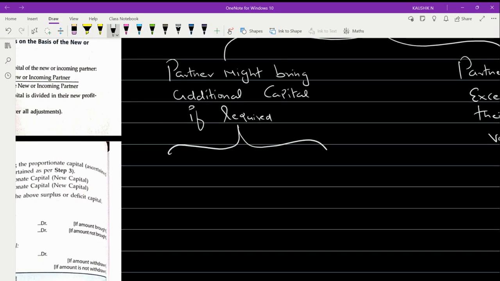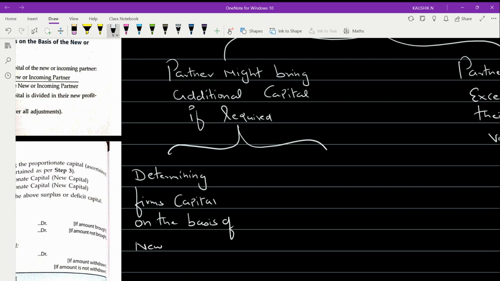The first method is determining firm's capital on the basis of new or incoming partner.